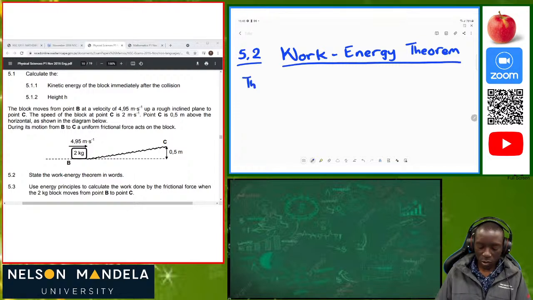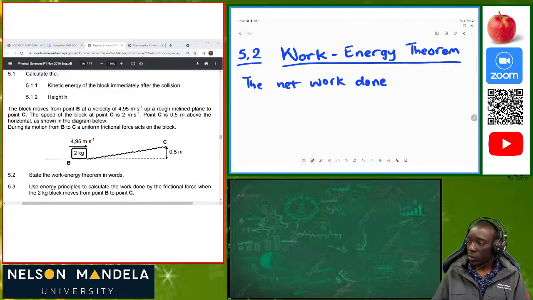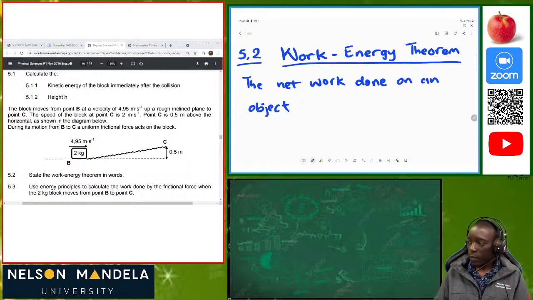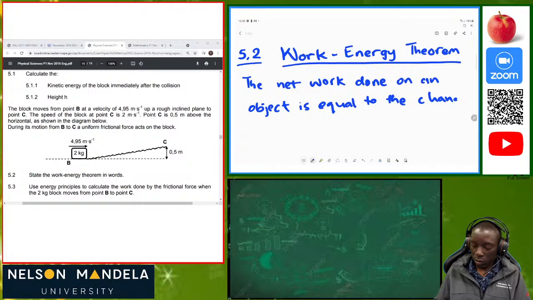The net work or total work done on an object is equal to the change in kinetic energy.